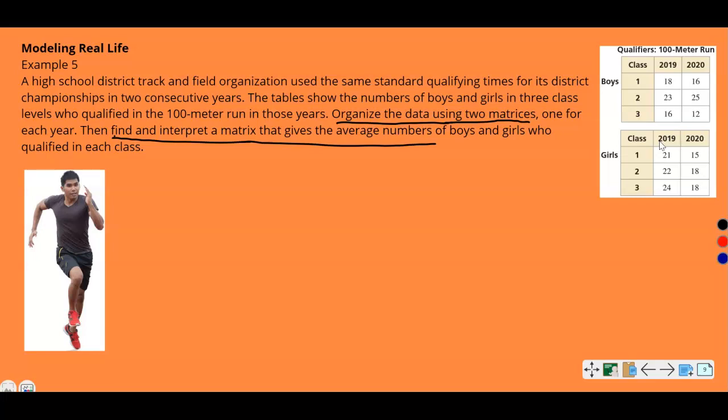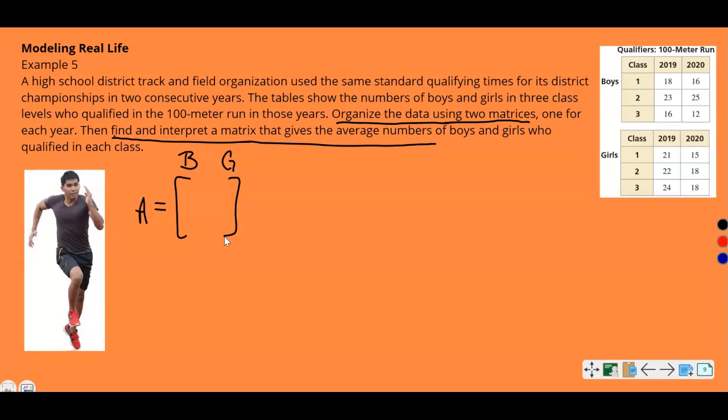So let's do matrix A equals, and let's see, we've got boys and we've got girls. And let's say this is for 2019.